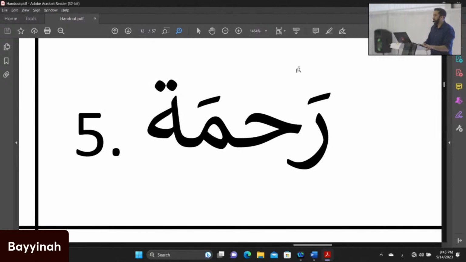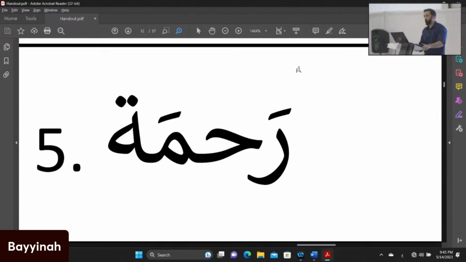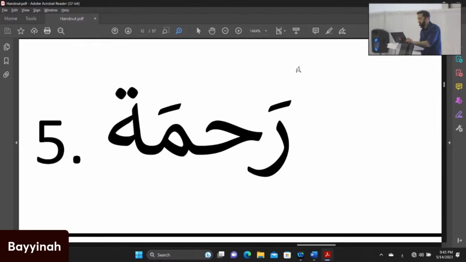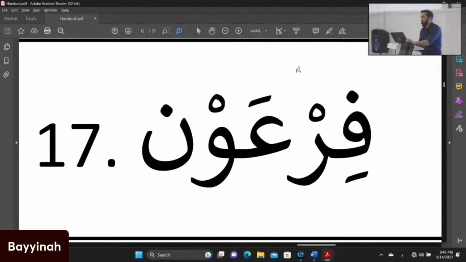Isa. Non-flexible. Rahma. Oh, actually, should I go on? No, yeah. Rahma. Arabic word? Rahmatun, rahmatan, rahmatin. Masjid. But it's a place. It's the word for a place, not the name of a place. Good. Masjidun, masjidan, masjidin.